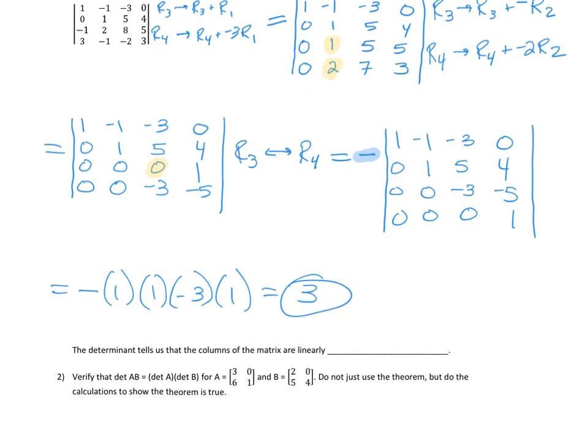Because that determinant is non-zero, everything in the invertible matrix theorem holds, which means that the columns of the matrix are linearly independent.